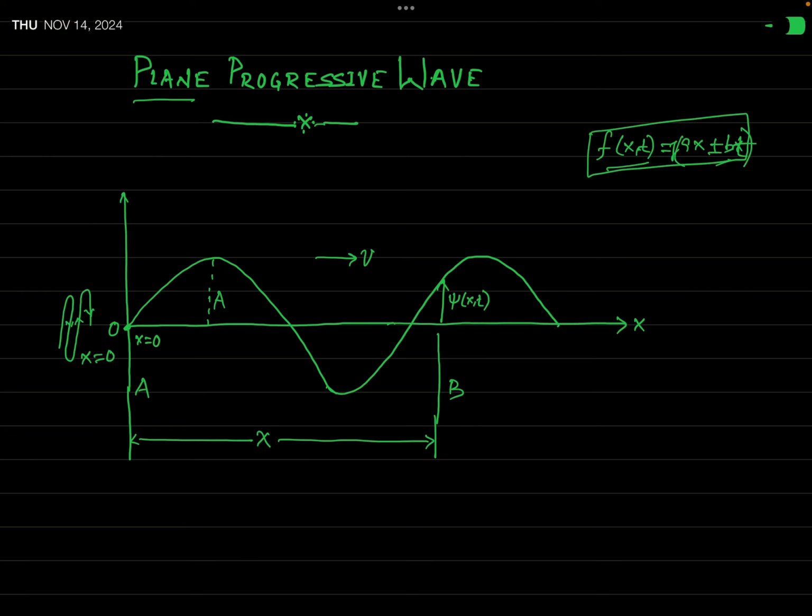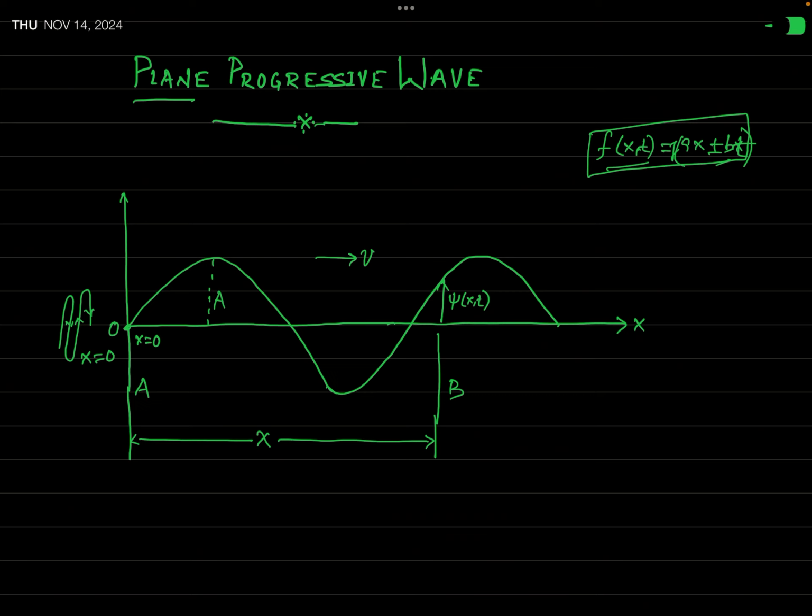Now, if the disturbance produced is of simple harmonic nature, then this wave will be described by an equation in terms of sine function or cosine function, and that's why it is also called a sinusoidal wave, or sinusoidal progressive wave, or plane progressive wave.